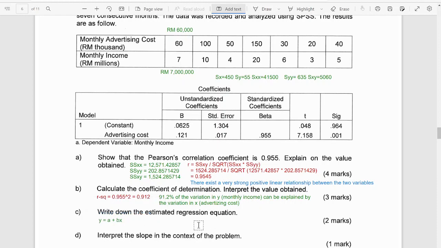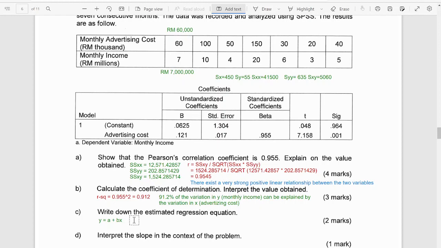And in this situation, the value of a here is the constant value in the coefficient table. So this will be 0.0625. Meanwhile, the b, or sometimes we call this the slope coefficient, is given by the value of b under the advertising cost row, under the independent variable row. So this is 0.121.